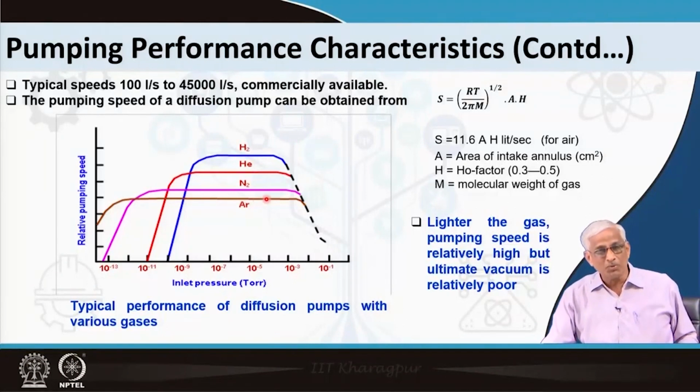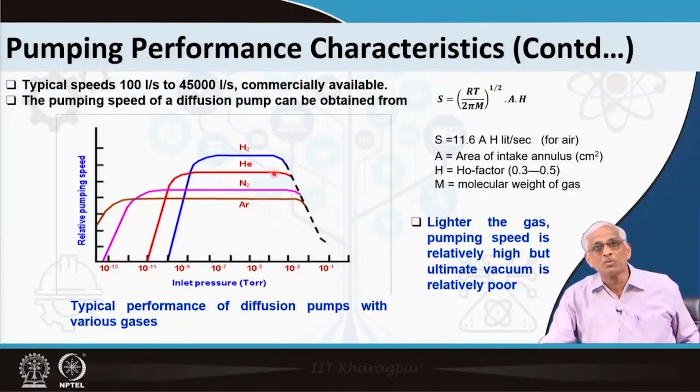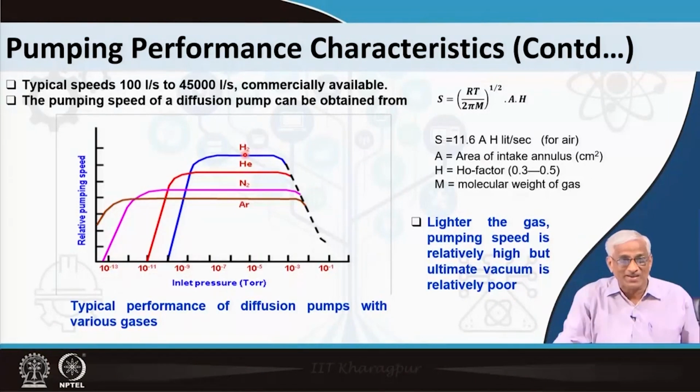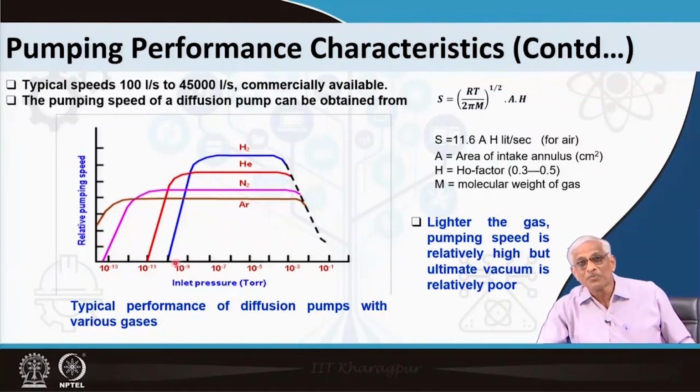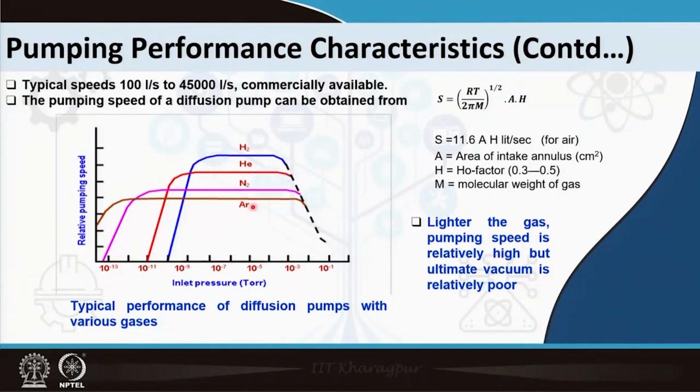The smaller the molecule, the better the momentum transfer by the oil molecule to baffle them down, so pumping speed will be better for lighter molecules, but lighter molecules also escape back. So ultimate vacuum is poor, but pumping speed within the allowed range is high. What I am saying here is that the lighter the gas, the pumping speed is relatively high with respect to heavier molecules, but ultimate vacuum is relatively poor.